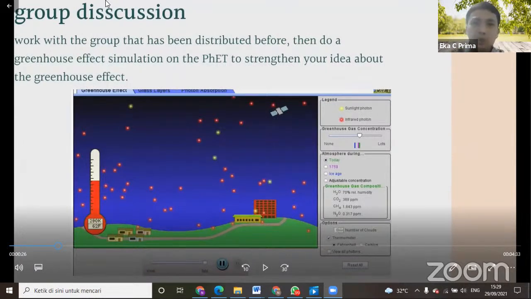Is there any phenomenon that could reduce the greenhouse effect? Human activity could increase greenhouse gas contamination in the atmosphere, but the question is, what activity could reduce the greenhouse effect?